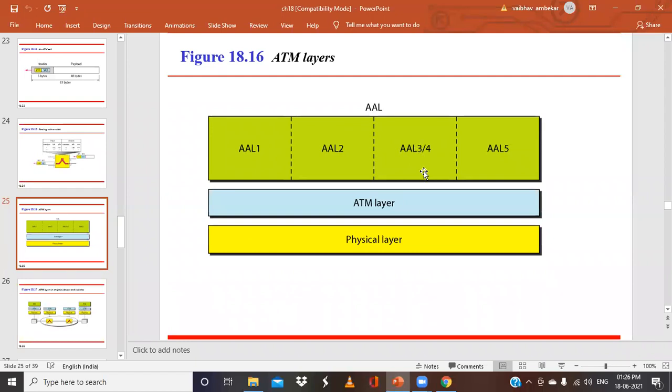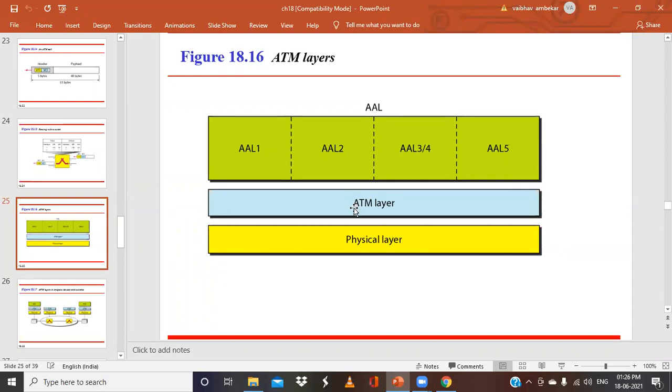So either we can use AAL3 or AAL4, as per the requirement. And then we have AAL5 and so on. But basically we are concentrating only on AAL1, AAL2 and AAL3.